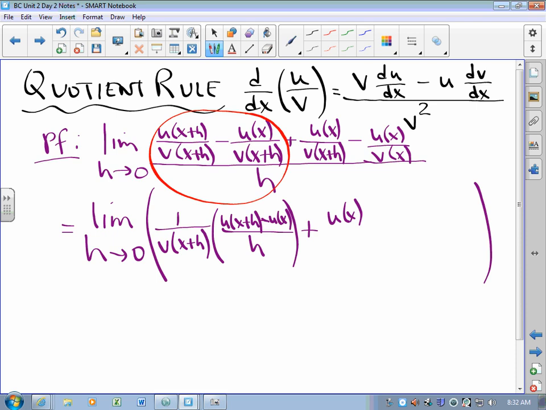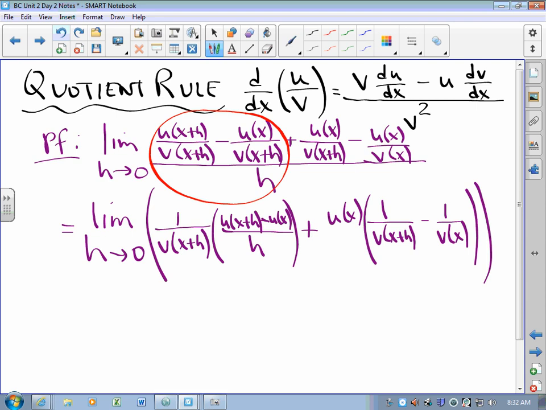And then we've got, what have we got? We've got a mess is what we've got. If the u of x comes out, we've got u of x over h, times 1 over v of x plus h minus 1 over v of x.